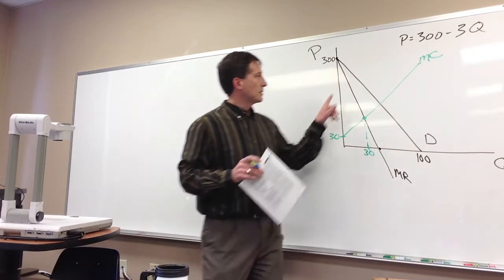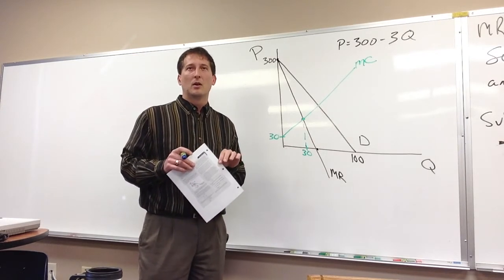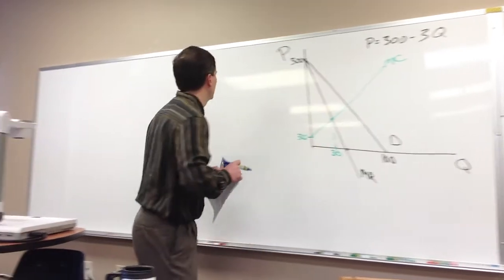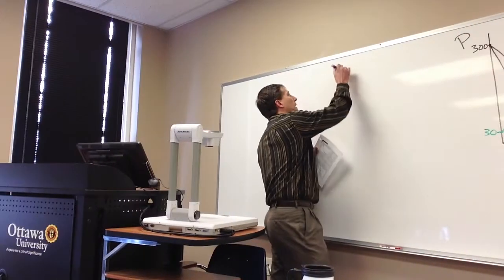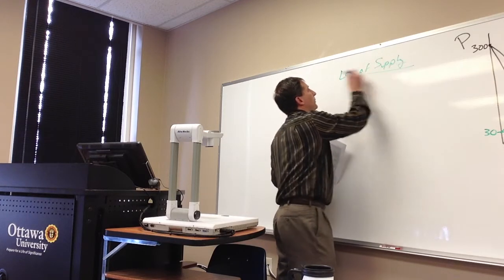And so is the supply curve and the marginal cost curve one and the same here? What is a supply curve? By definition, kind of law of supply. Let's start off with the law of supply. What does the law of supply say?